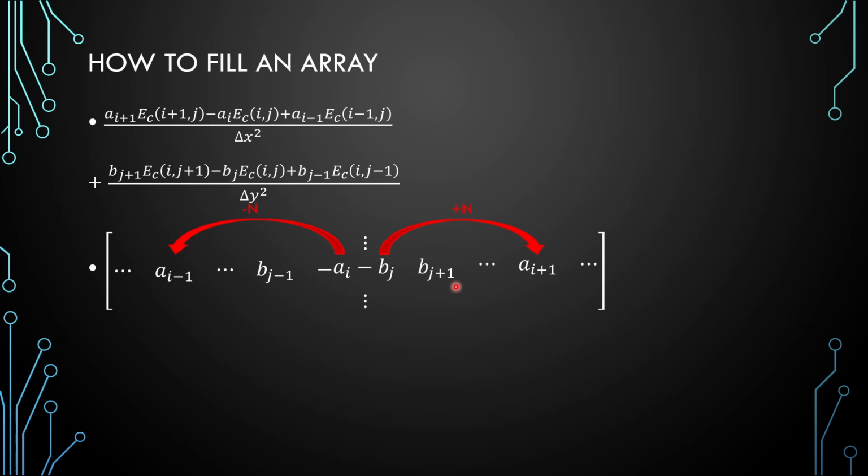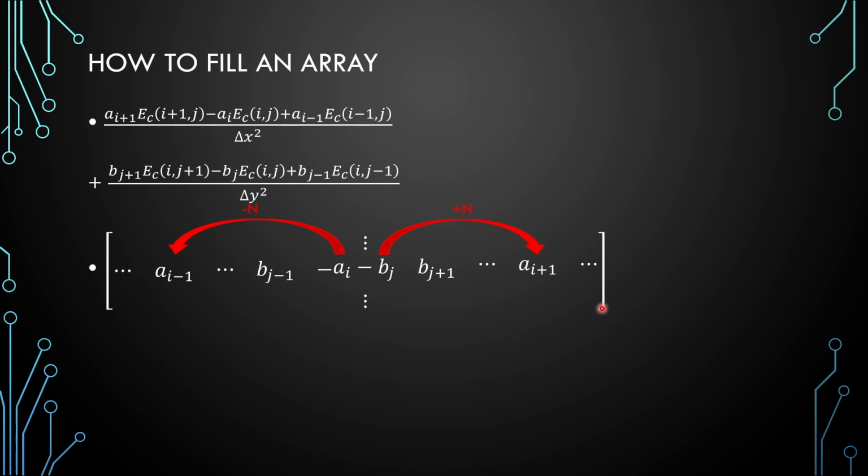And then what about EC at i plus 1 and i minus 1? Let's recall our reshaped EC 1D vector. You will see that i plus 1 and i minus 1 are plus n and minus n elements away from our current EC at i,j.